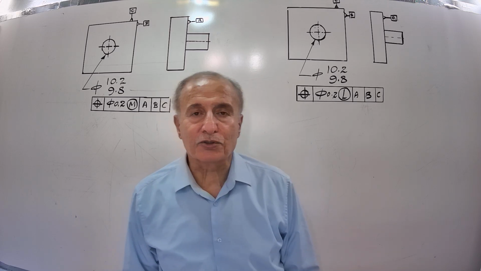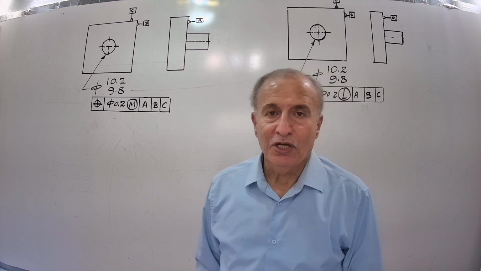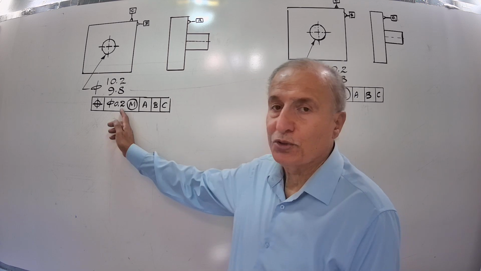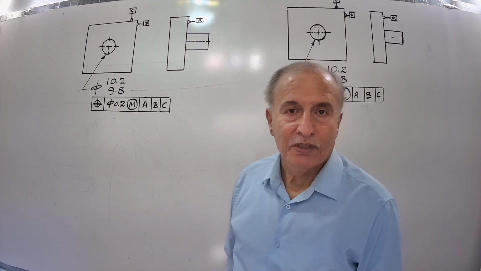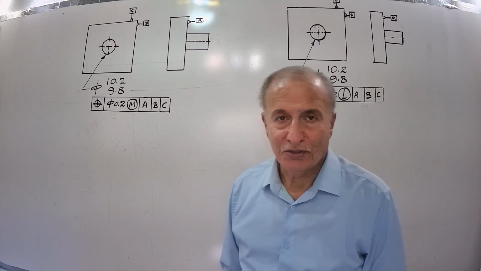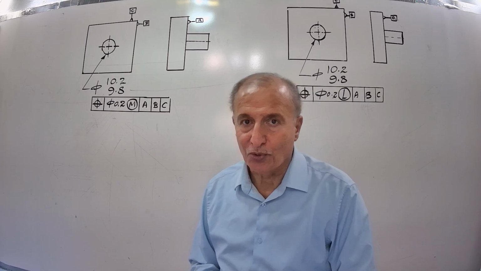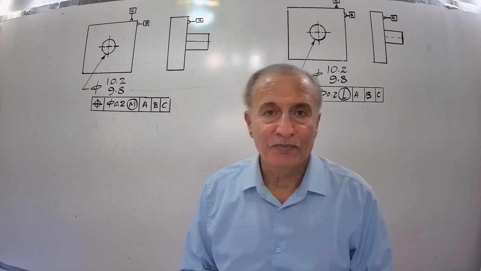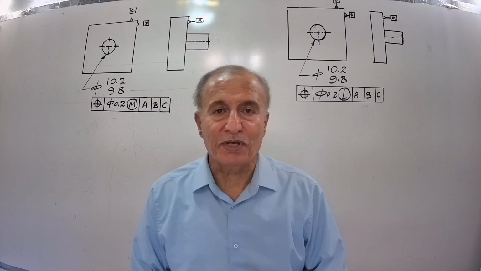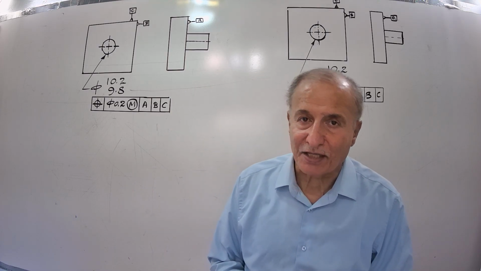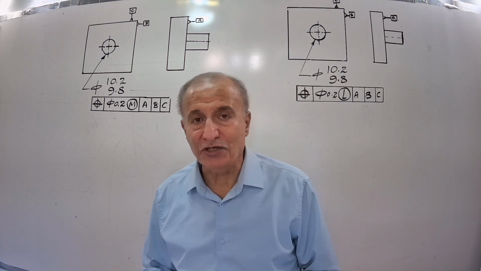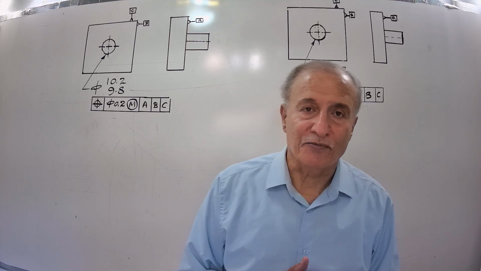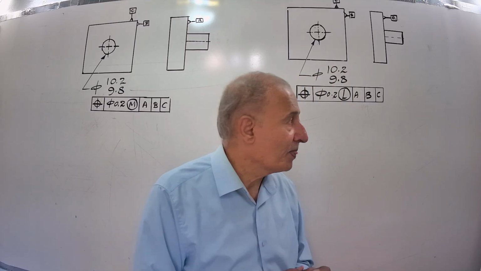I prepare here two drawings in which position tolerance is applied with 0.2 geometric tolerance or geometric error, at M modifier with respect to datum A and B and C. Datum A controls orientation and datum B and C control the location of the axis of the shaft.